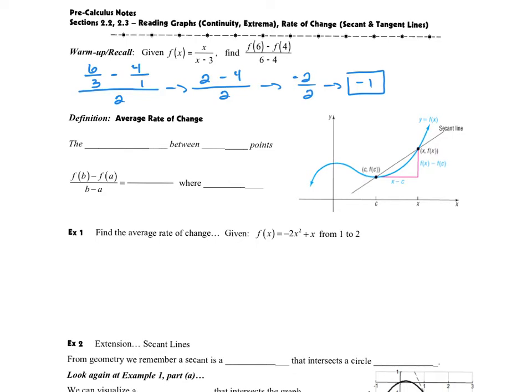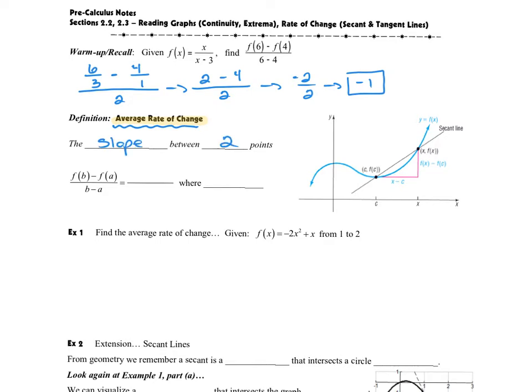Now, we're just going to keep this idea in mind, and we'll come back to it in a moment. Now, our definition for today, our first idea, is average rate of change. The important thing to understand with average rate of change is that it simply means the slope. It is simply the slope between 2 points.